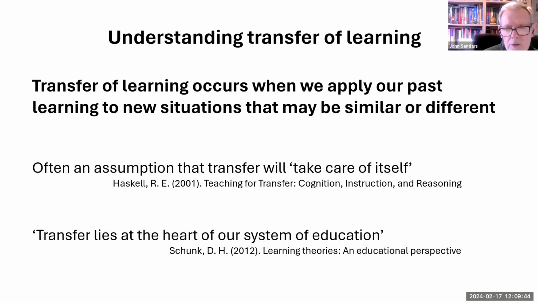In other words, we expect that the way that we teach will actually help people to transfer their learning. But all the research suggests that unless we are much more purposeful in how we do this teaching, in the end, transfer of learning cannot be guaranteed.